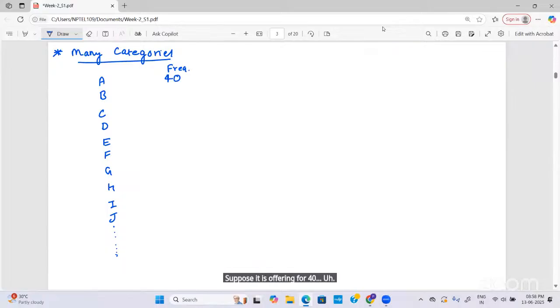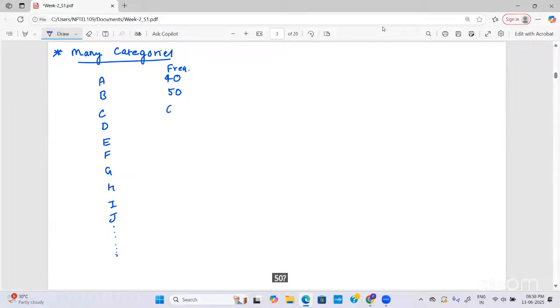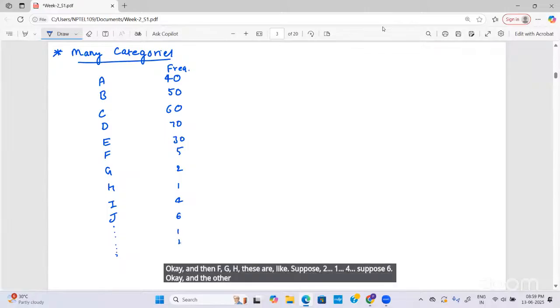The frequency of A is 40, frequency of B is 50, frequency of C is 60, frequency of D is 70, E is 30. Then F, G, H are like 5, 2, 1, 4, 6, and the other categories also 1, 2, 3.